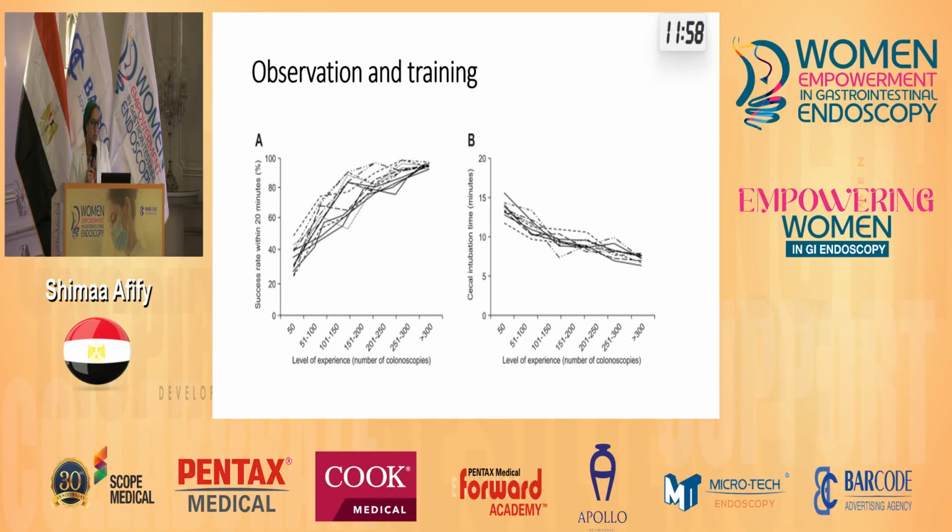As we see here, the success rate increases with the number of colonoscopies you perform, reaching the maximum after 250. Also, the level of experience increases with lesser cecal intubation time. The faster you reach the cecum, the more experience you have.